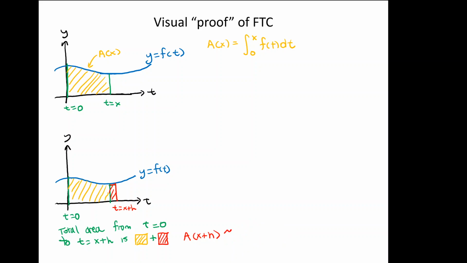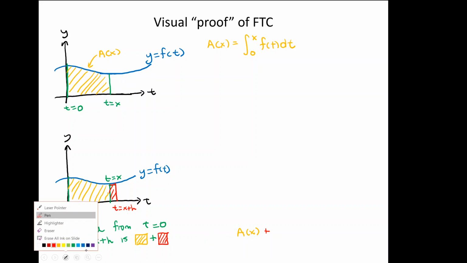I'm going to say it's approximately equal to the yellow area. So the yellow area is A of x plus the extra bit. Actually, I have to be careful with my color coding.